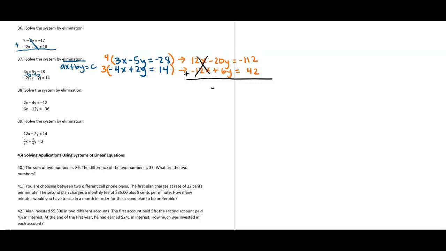Well, we've got negative 14y on this side equals, well, what's negative 112 plus 42? That'll give us negative 70, and then we'll divide both sides by negative 14. So a negative divided by negative is going to give us a positive, and then we'll have 5.